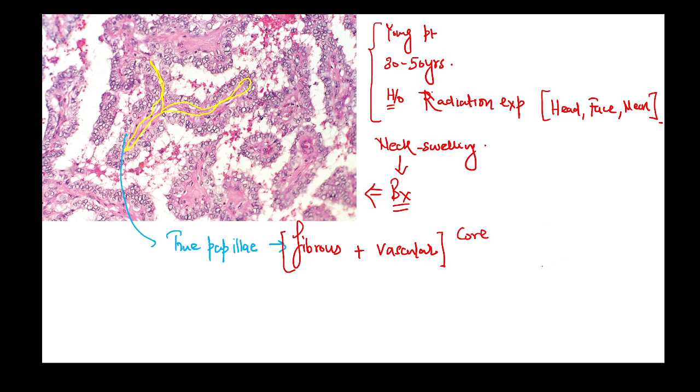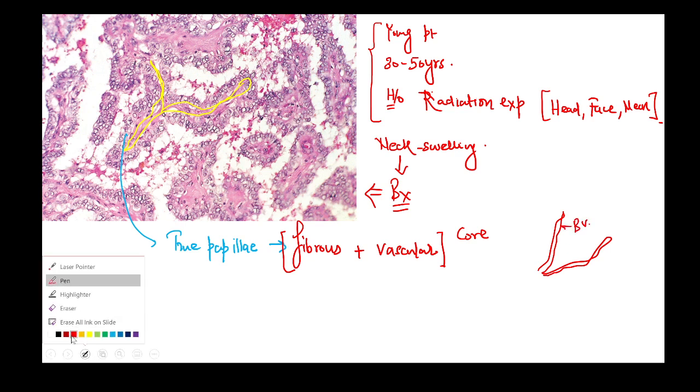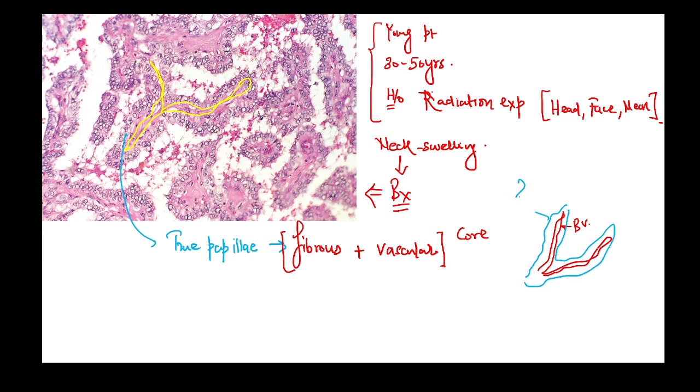So there will be a blood vessel like this, right? This is the blood vessel which I am showing you here in this picture, and you are going to see fibrous tissue around this. That is how papillae will be formed, right? So this is the fibrous tissue. This is the fibrous tissue. So the fibrovascular core has been formed, and around this fibrovascular core, what you are noticing, tumor cells are arranged like this, right?